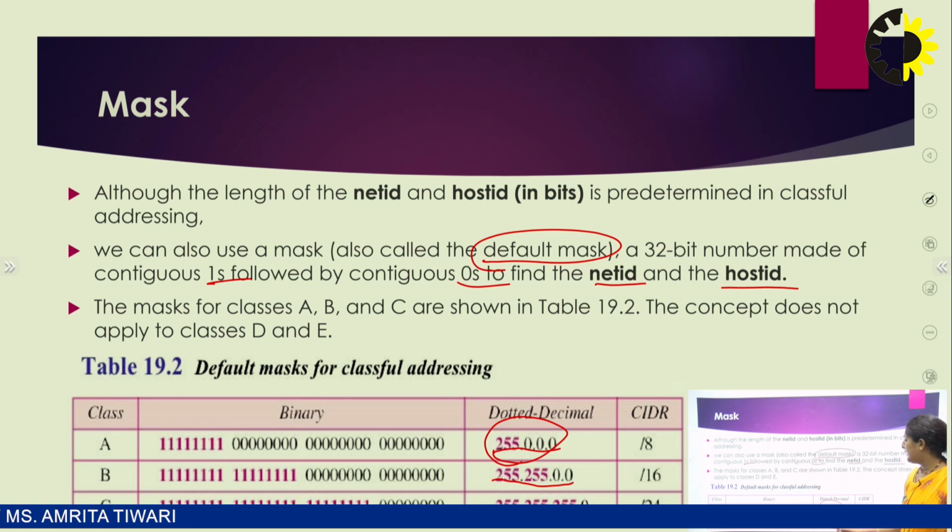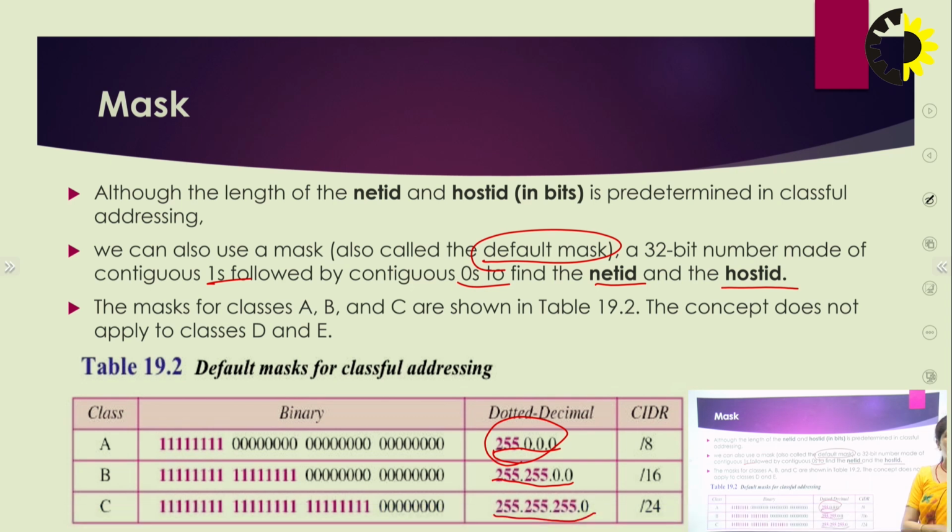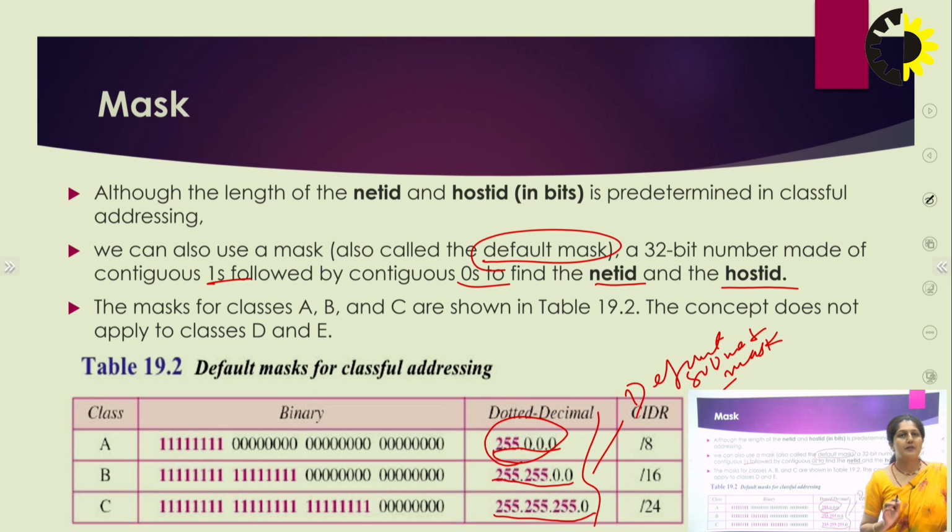For class C, 255.255.255.0. These are the default subnet masks. You will understand why we are using the default subnet mask; I will tell you with the help of an example.